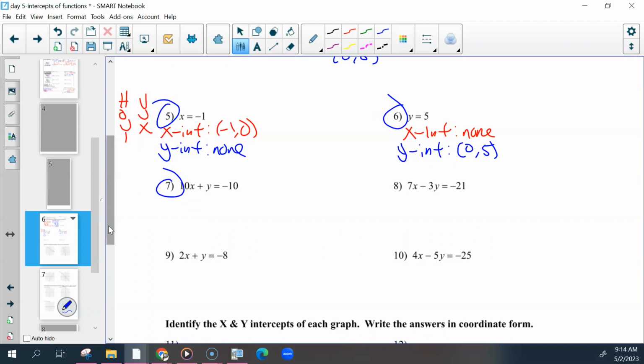Same process. If I'm looking for an x-intercept, I have to put 0 in for y. The y is going to disappear, so I'm going to just skip to the step where it's been moved and divide.